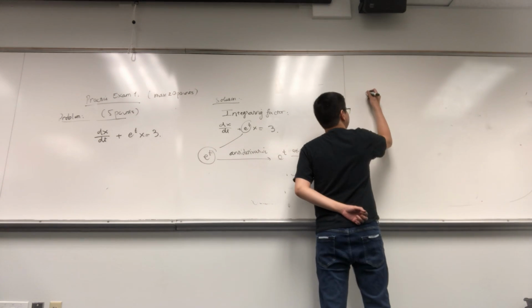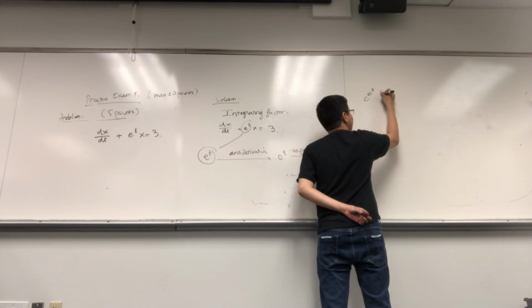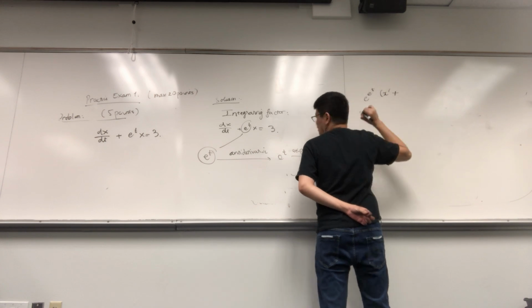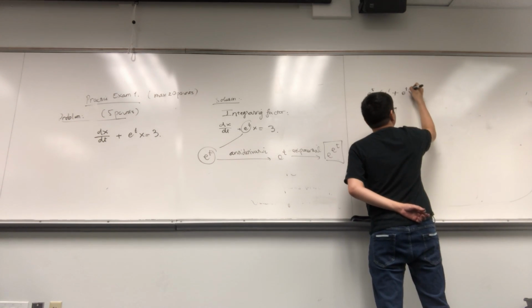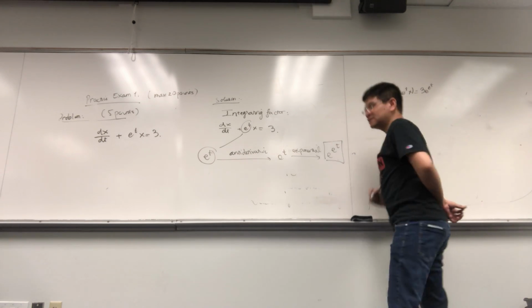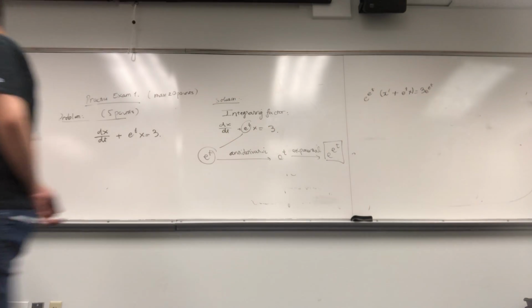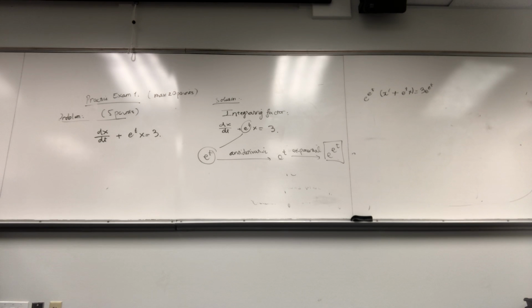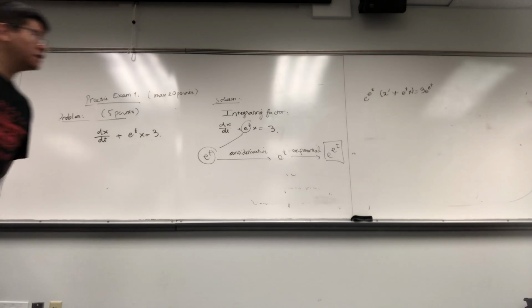Now let us multiply both sides by e to the e to the t. So you have 3 times e to the e to the t. Good. Questions?